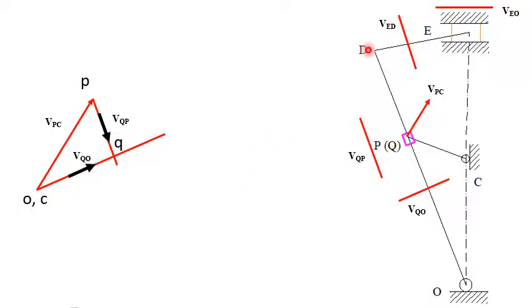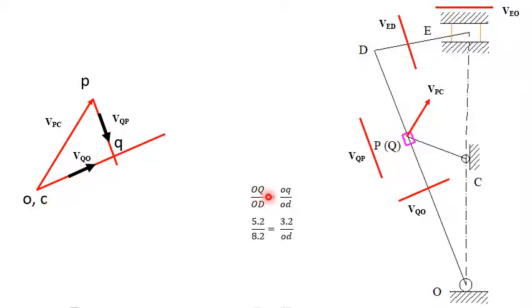Next, in order to locate point d, this point should lie on the straight line OQD. Here we have OQ, and the next point is D, but I don't know the distance of point D. To find it, we consider the ratio. The ratio OQ by OD on the configuration diagram should equal the ratio of the length oq divided by od.